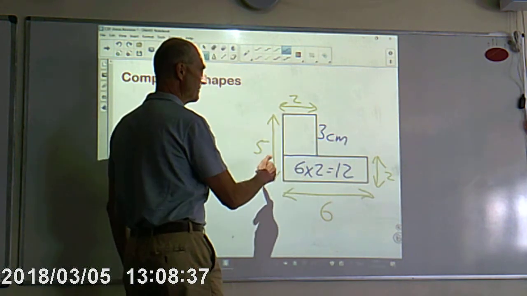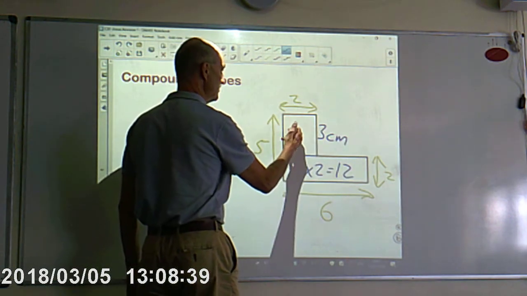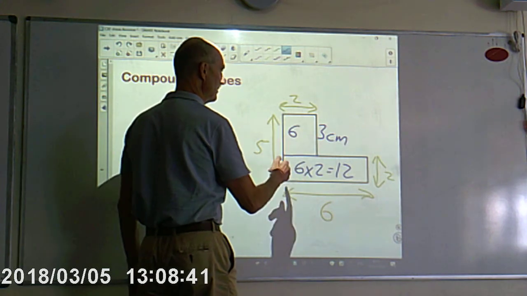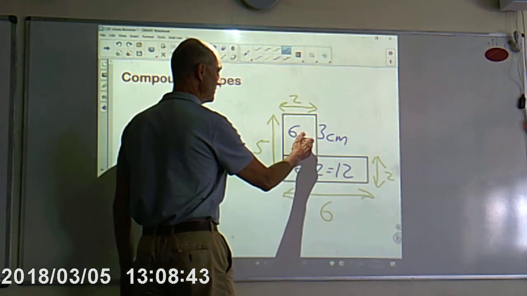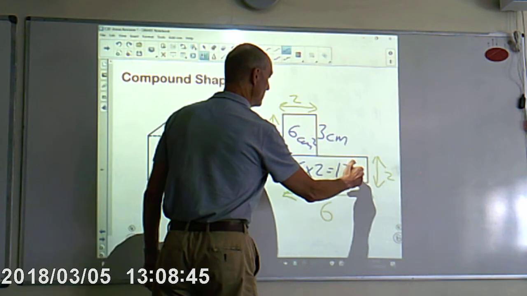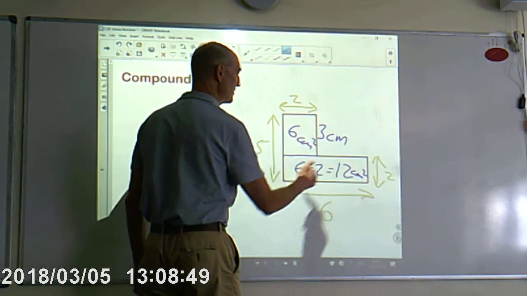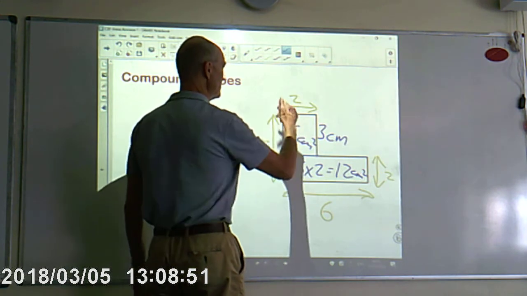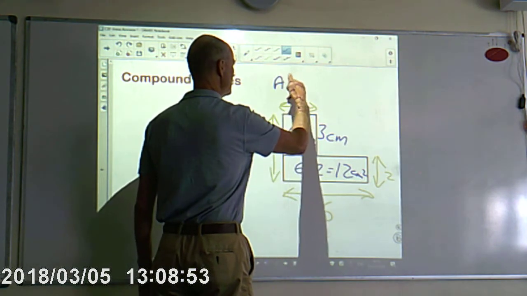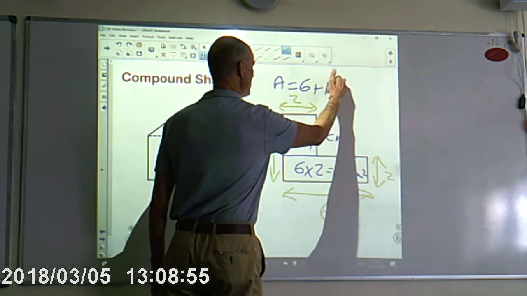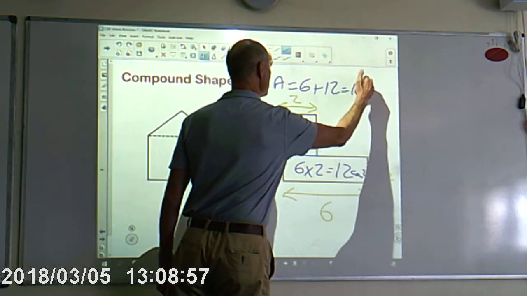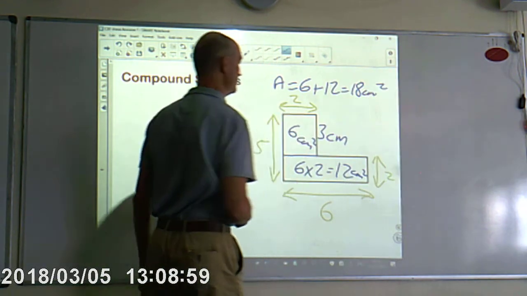So the area of that rectangle is going to be 3 times 2, so that's 6. So now we've got the area of each of the rectangles, 6 centimetres squared for the top bit, 12 centimetres squared for the bottom bit. So the whole area equals 6 plus 12 equals 18 centimetres squared.